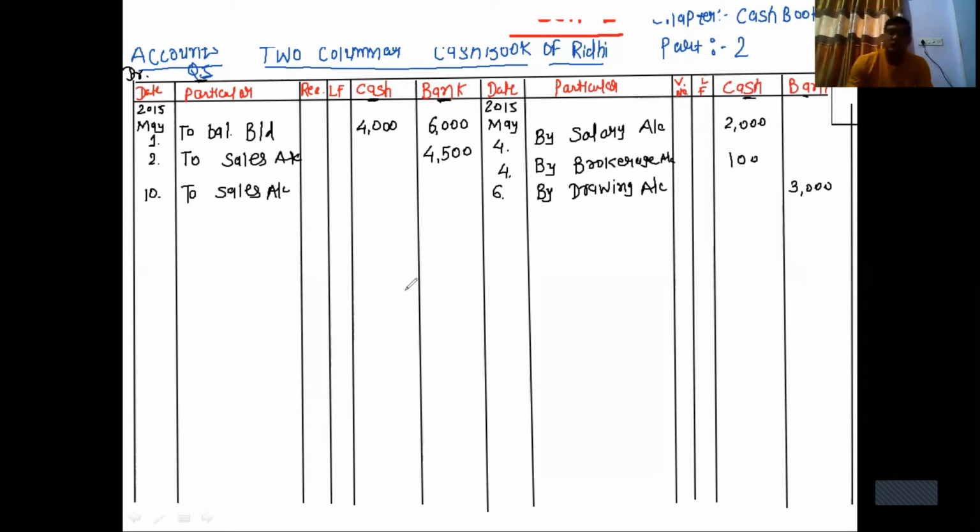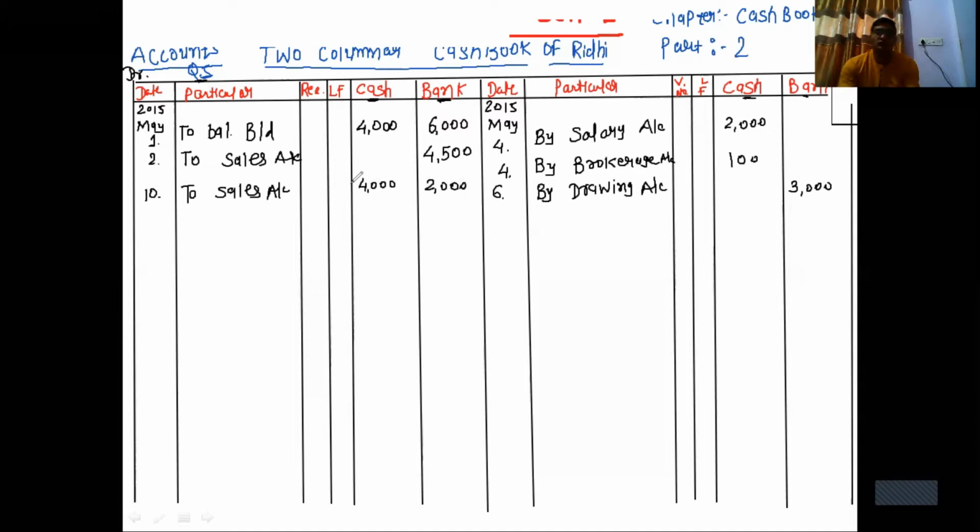We sold the goods for 6000, so we have to receive 6000 from Hiren. But Hiren paid 4000 by cash, so in the cash column we have to write 4000, and the remaining amount paid by check means the remaining amount is 2000.